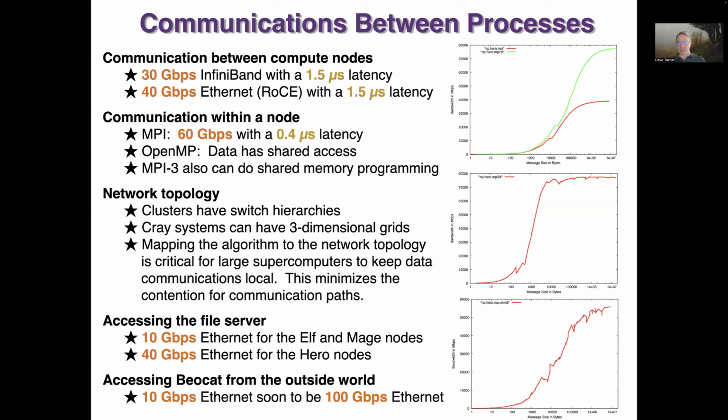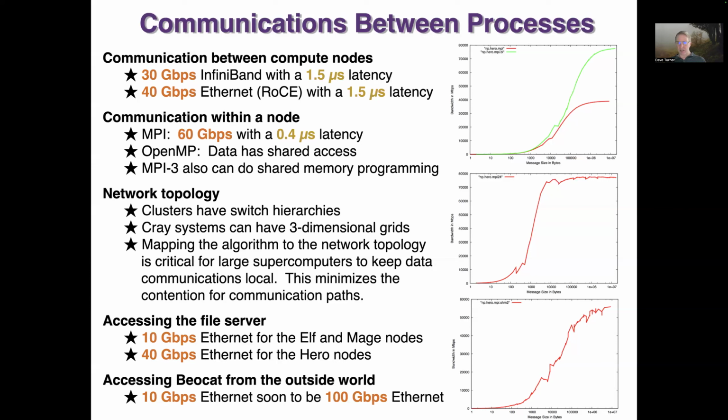So if you're passing a small message, you're not going to get a very good rate because that latency is going to dominate. But if you're passing a large message, you'll get, in general, a good communication rate because that latency isn't so dominant of the overall time.